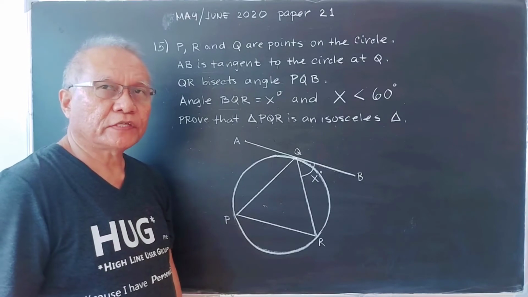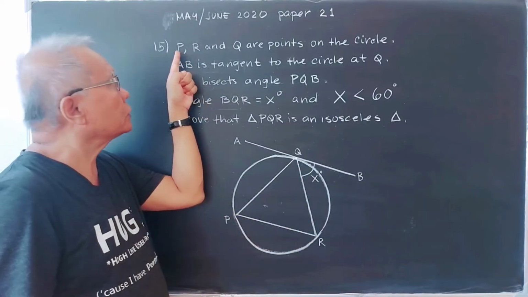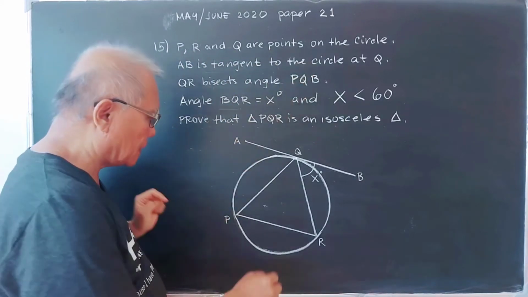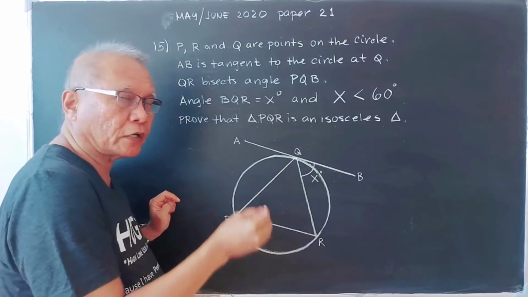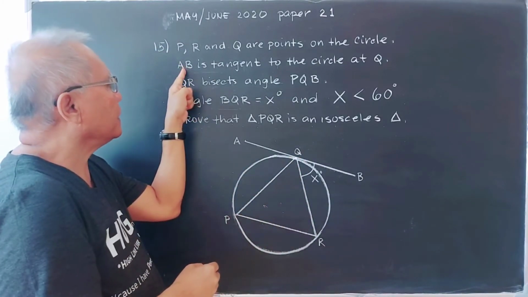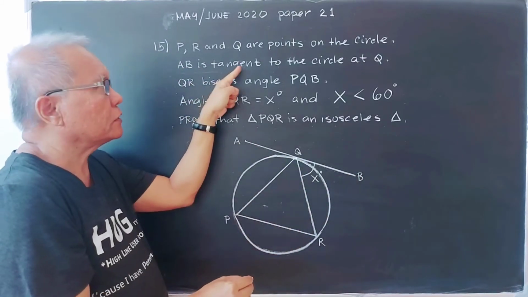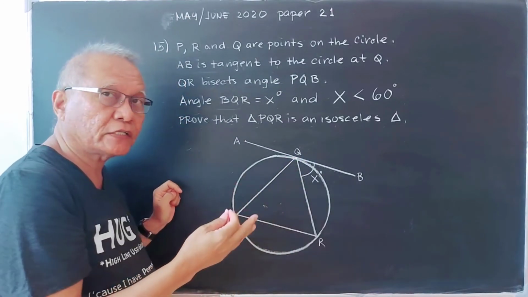Number 15. We have a circle here, and points P, R, and Q are points on the circle. AB, this line here, is tangent to the circle at Q. What do you mean by tangent?